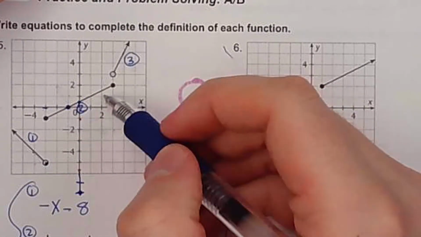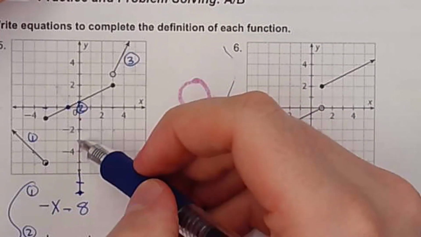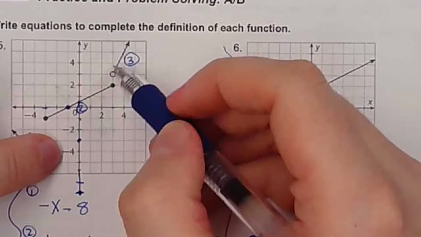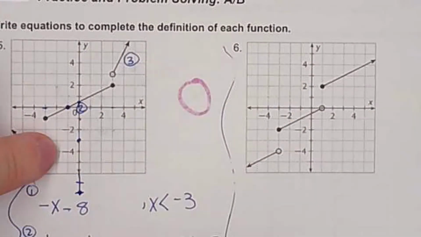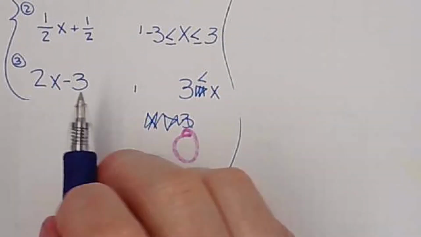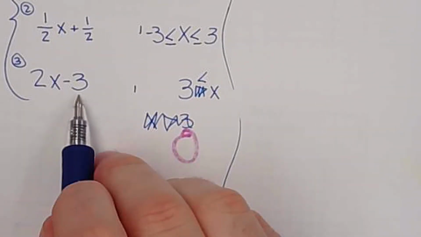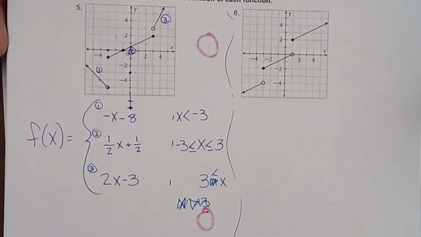Down 2, back 1. Down 2, back 1. Down 2, back 1. So it would hit here if we extended it, right? That's where it would hit. And that's a y-intercept at negative 3. So I write that down. Slope of 2, y-intercept at negative 3. And that's the answer for number 5 altogether.